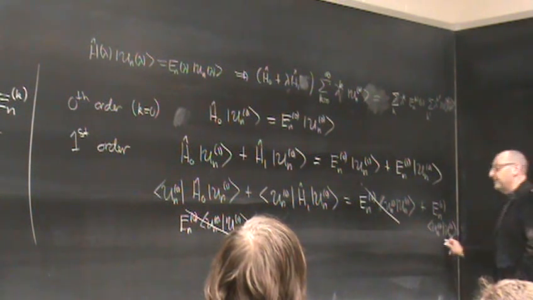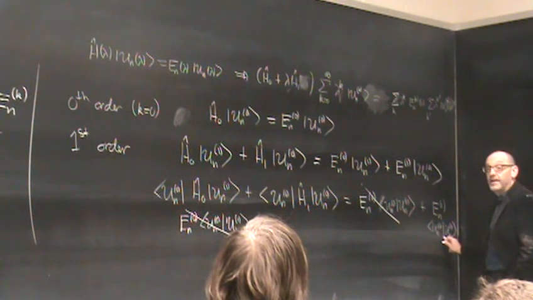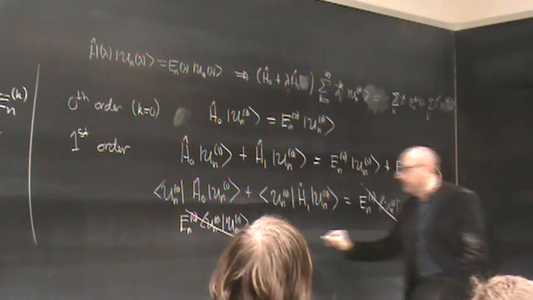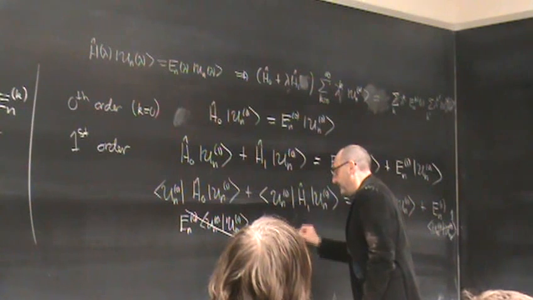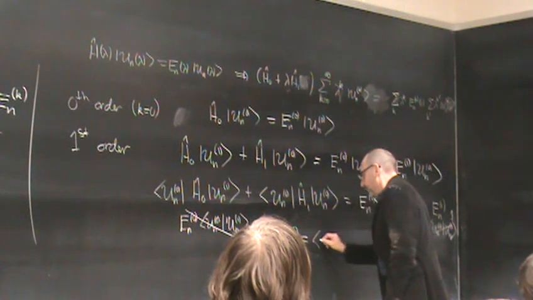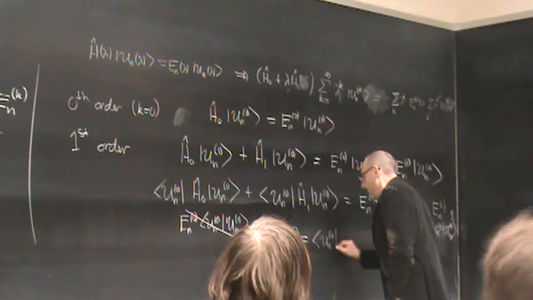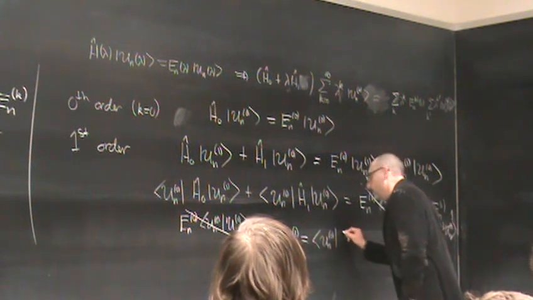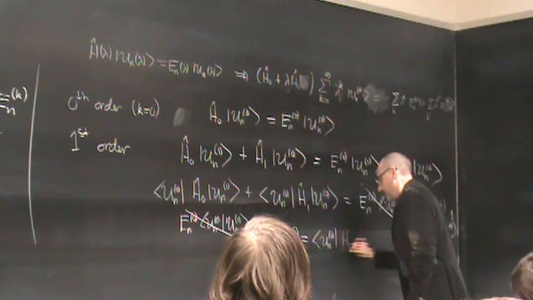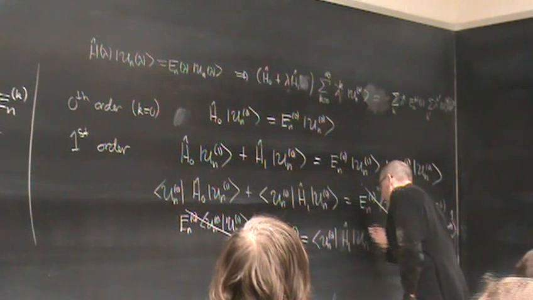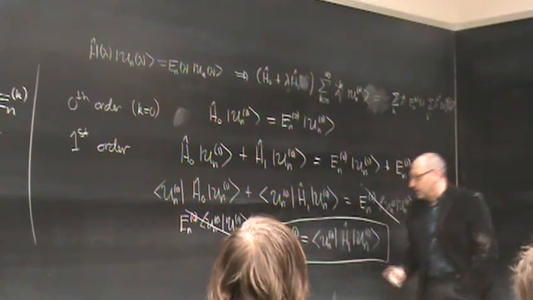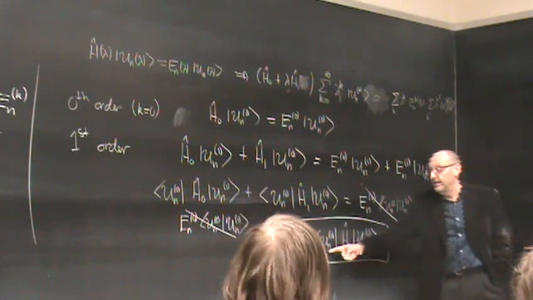The original states we take to be normalized. So this is 1. And thus we have solved for the 1st order correction to the energy. To lowest order, if I want to find out how the energy eigenvalue shifts in the presence of the perturbation, I just look at the expected value of the perturbation in that state.